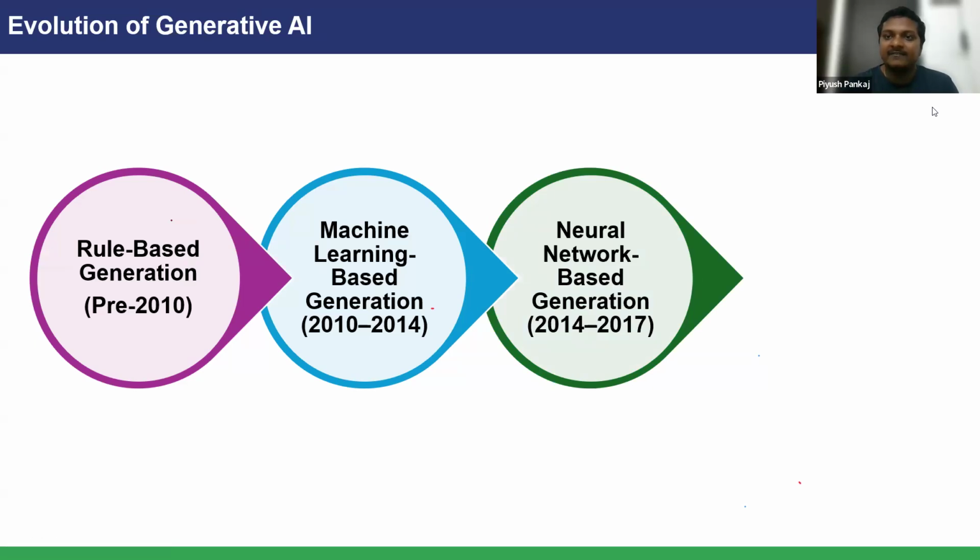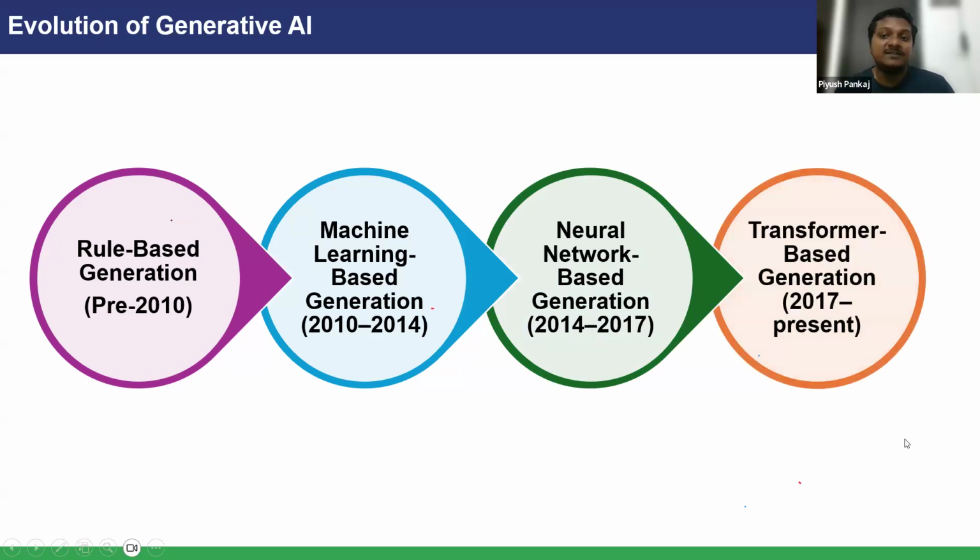And the era that we are living in is transformer based generation. Whatever generative AI tool or application you're using, whether ChatGPT, Gemini, Copilot, the mother of all these platforms, the large language models, are nothing but transformers.